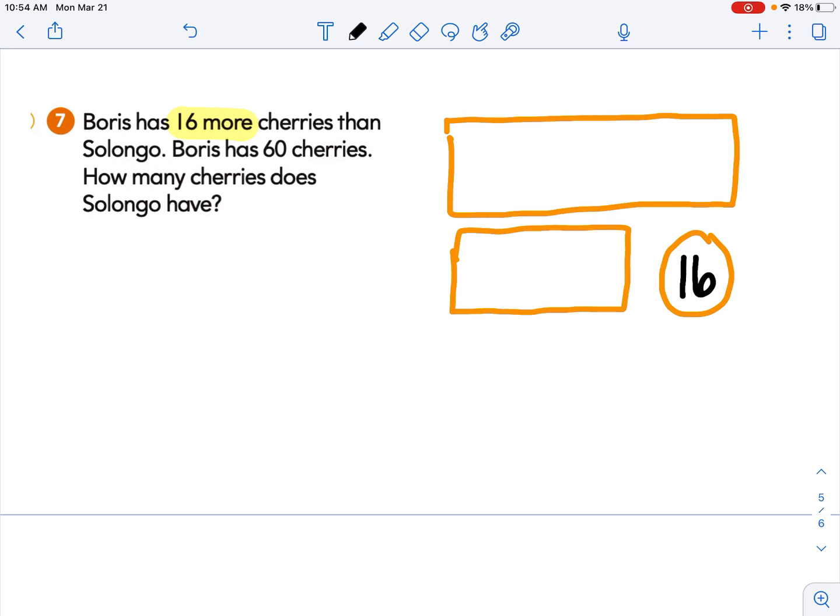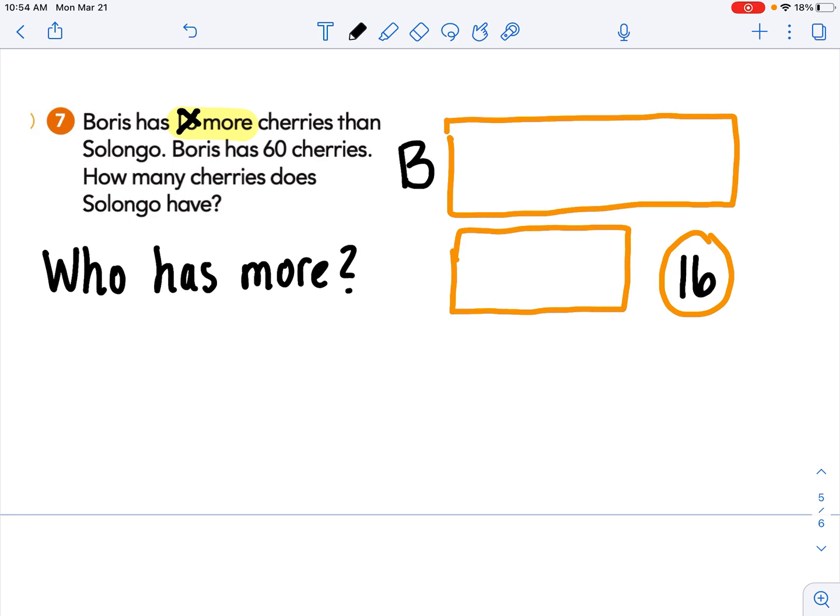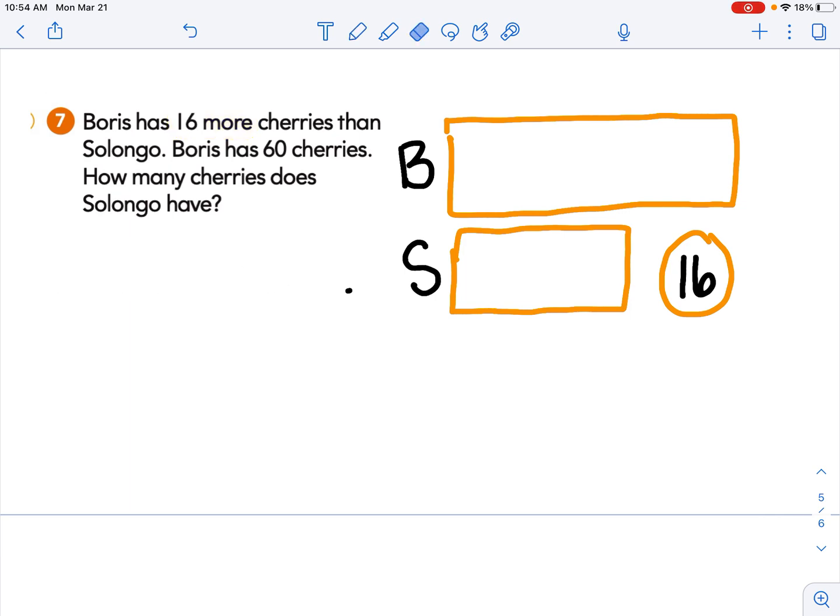Boris has 16 more cherries than Salango. That first sentence also tells me, remember the question, who has more? If we take away the 16 just for a second and we read it, it says Boris has more. So I'm going to make sure that Boris has the large rectangle and Salango has the smaller rectangle.